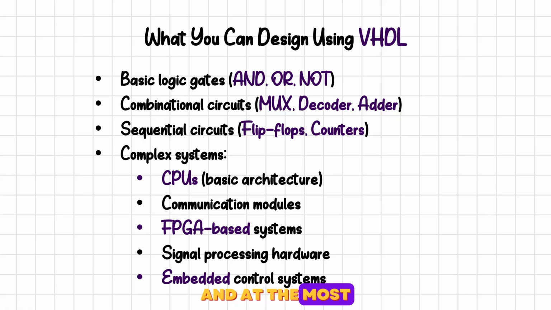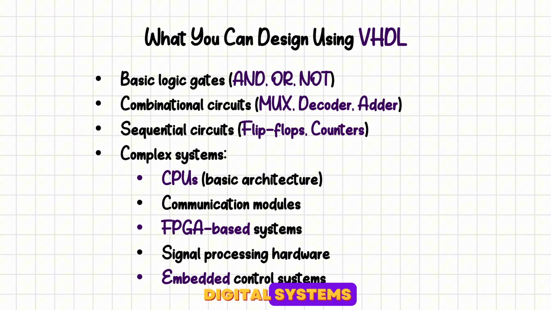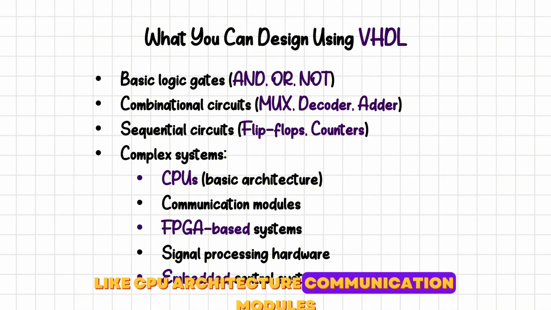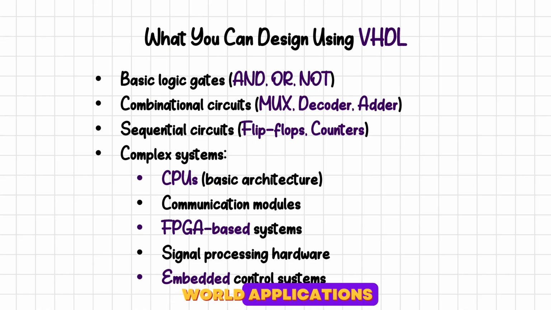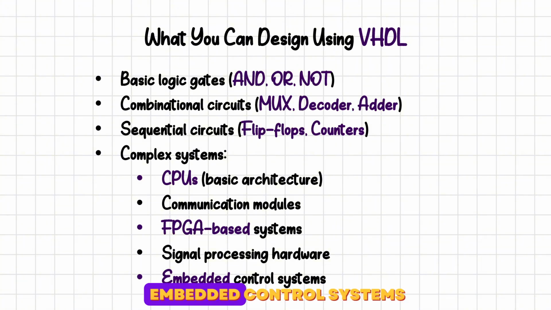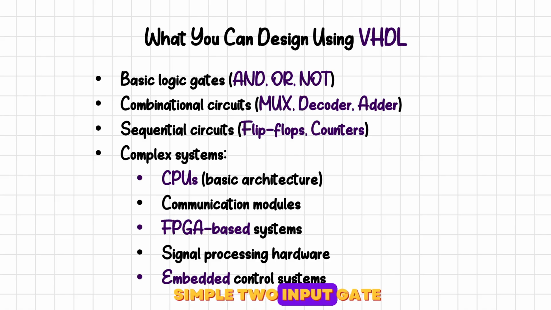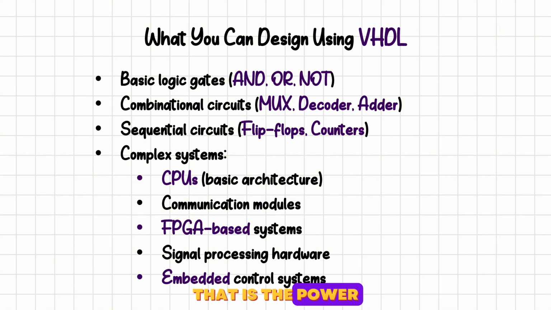And at the most advanced level, VHDL can describe complete digital systems like CPU architecture, communication modules, digital controllers. In real-world applications, this maps directly to FPGA-based systems, signal processing hardware, and embedded control systems. VHDL scales from a simple 2-input gate all the way to a fully functional digital system. That is the power of this language.